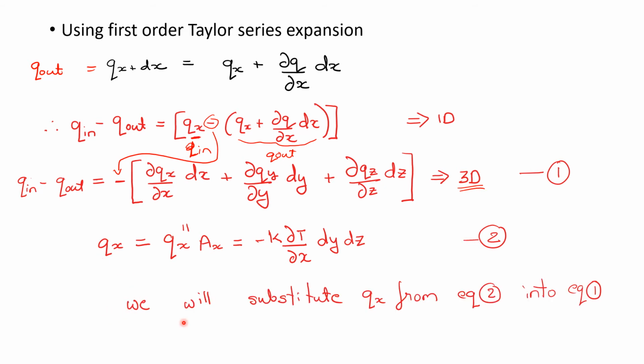Now we will substitute the value of Qx from equation 2 into equation 1. So what I mean by that is we'll take this particular value and put it in this equation right here.